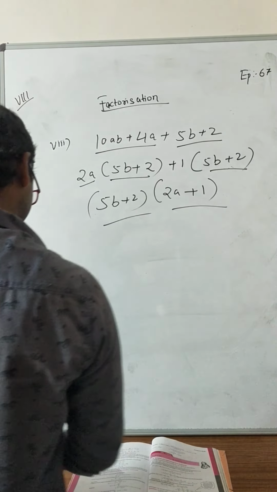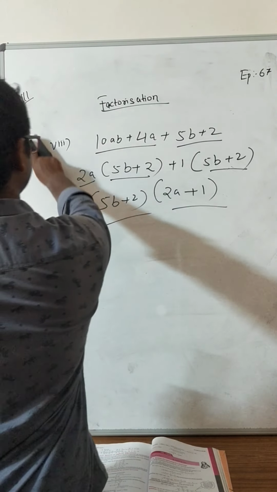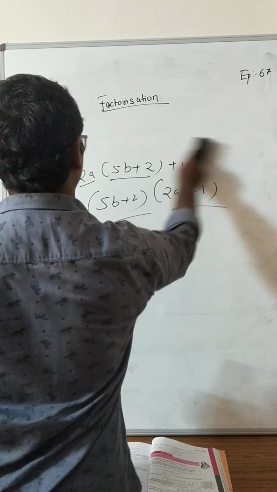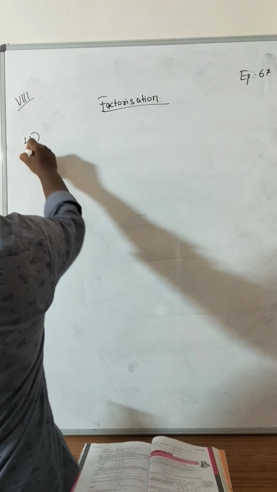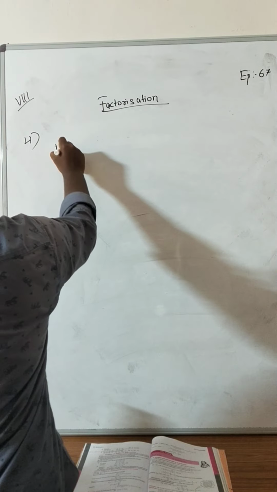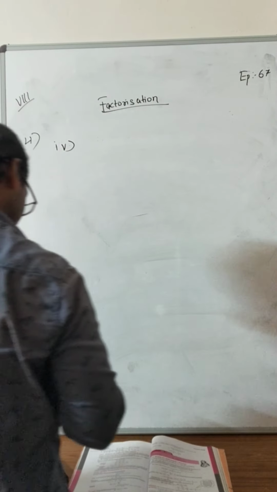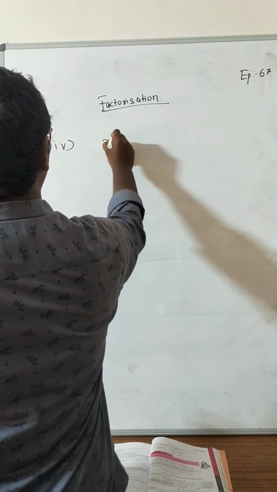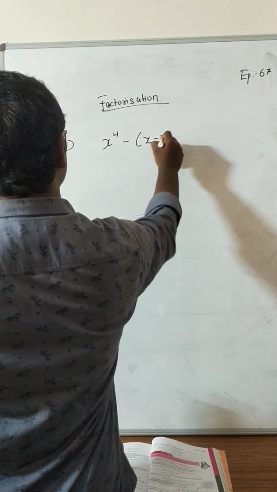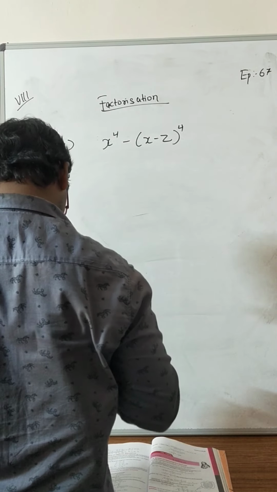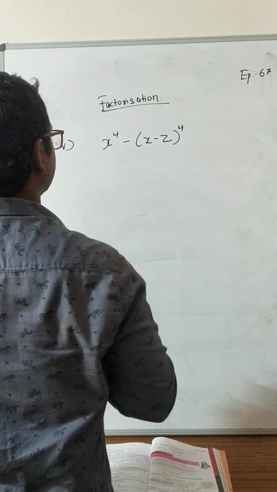Okay, now look at the fourth one. Fourth question. From the fourth question, look at the fourth one, which is x power 4 minus x minus z whole power 4.